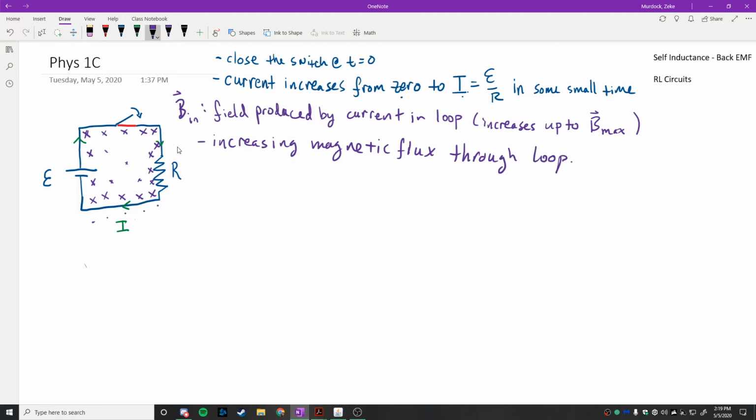And then the effect of this is, by Faraday's law, that the increase in flux is going to produce an induced EMF. And we call this induced EMF a back EMF.